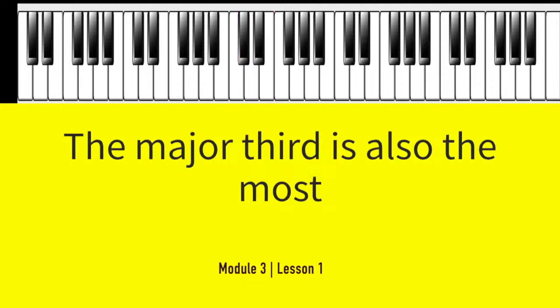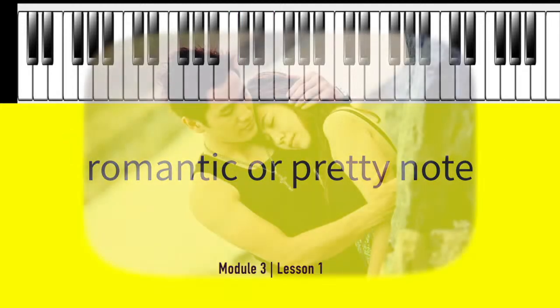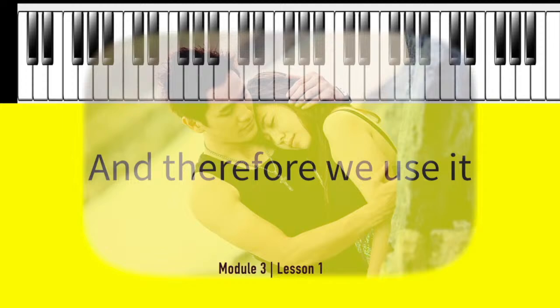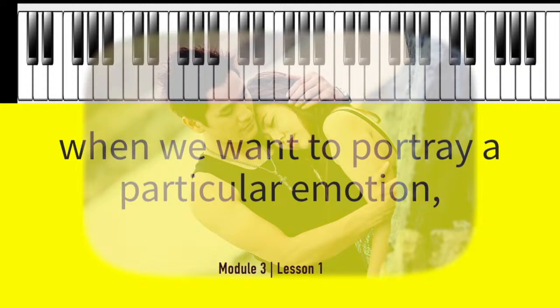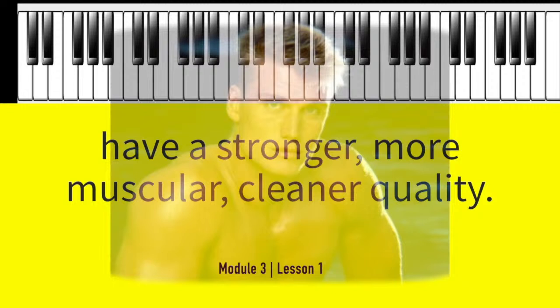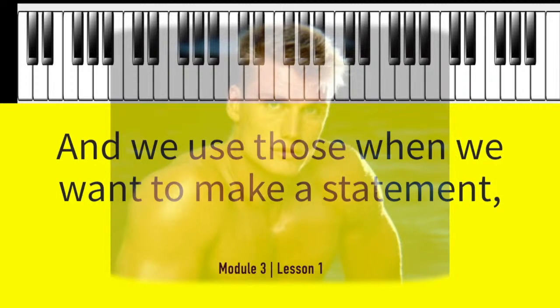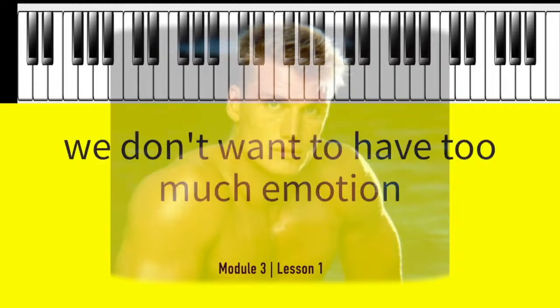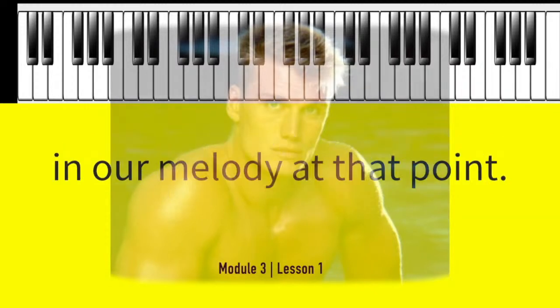The major third is also the most romantic or pretty note out of all those notes in the scale, and therefore we use it when we want to portray a particular emotion, whereas the octave and the fifth have a stronger, more muscular, cleaner quality, and we use those when we want to make a statement, a strong statement. We don't want to have too much emotion in our melody at that point.